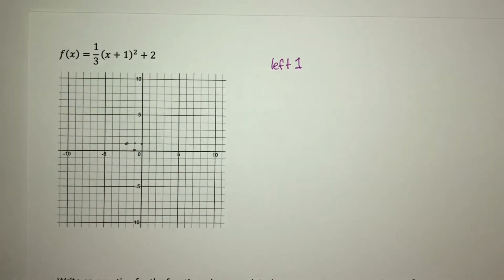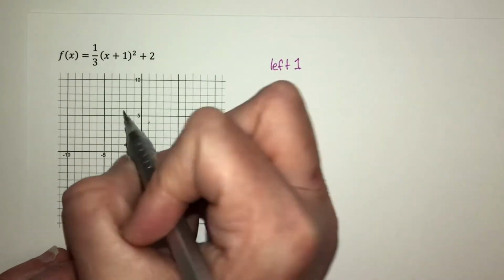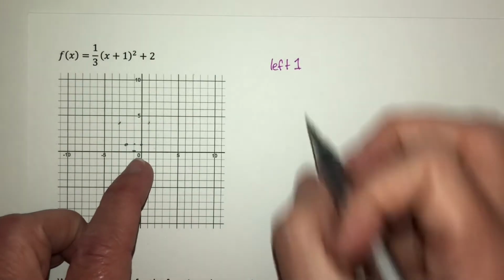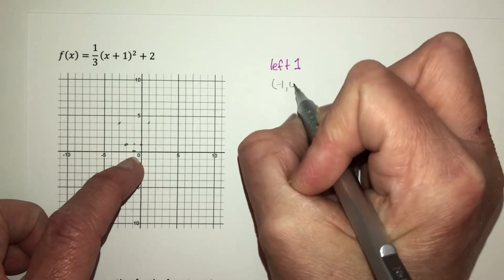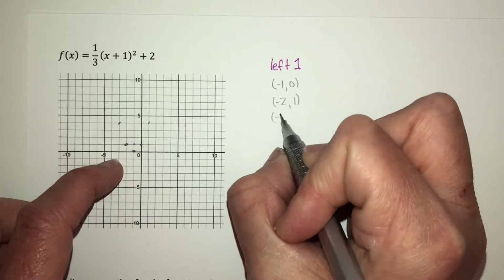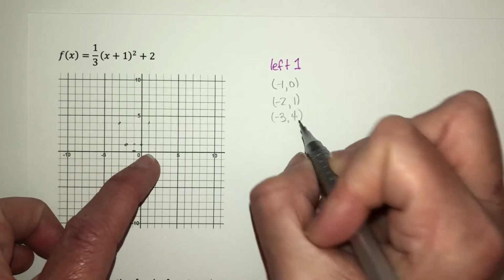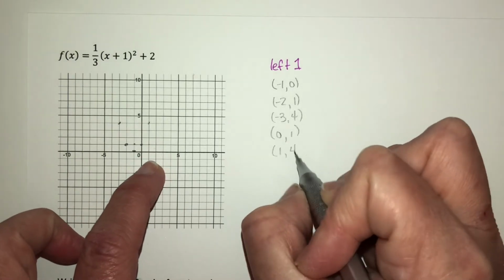Okay, so let me draw in a couple more points. Right now, what I have is -1, 0, I have -2, 1, I have -3, 4, I have 0, 1, and I have 1, 4.